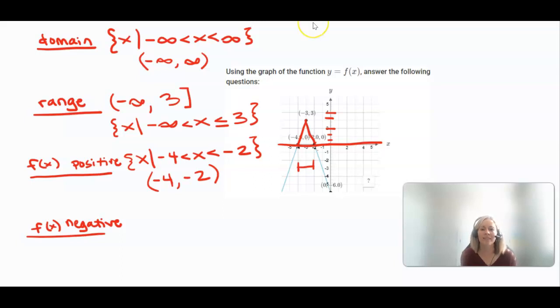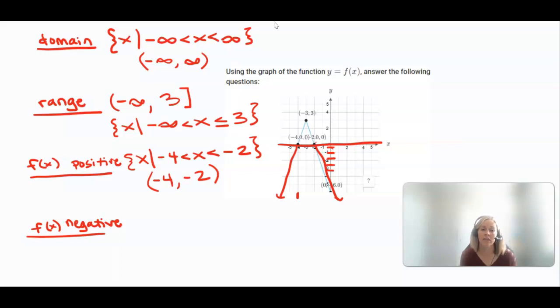Okay, last, let's go ahead and look at where f of x is negative. So f of x is negative down here. We can see these are my y values that are negative. So I can see this graph is going to be negative here, and it's also going to be negative right here. The interval where that's true, this is my cutoff.